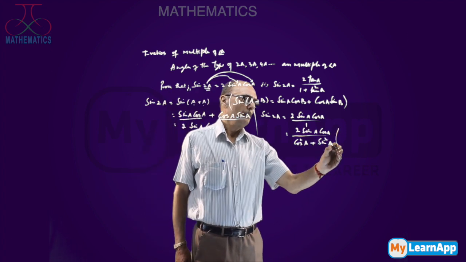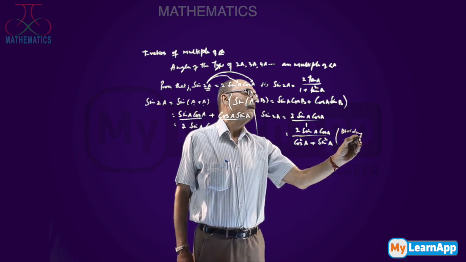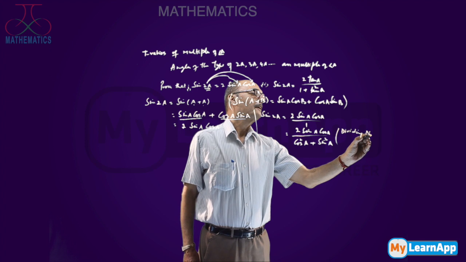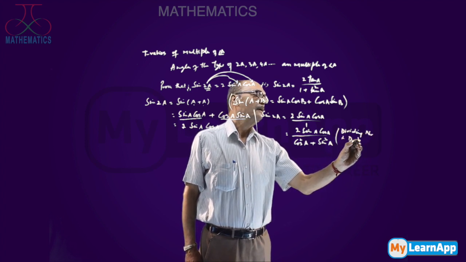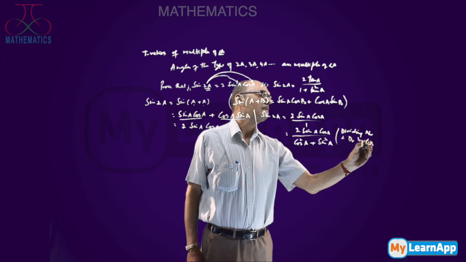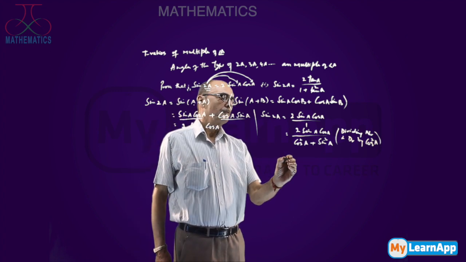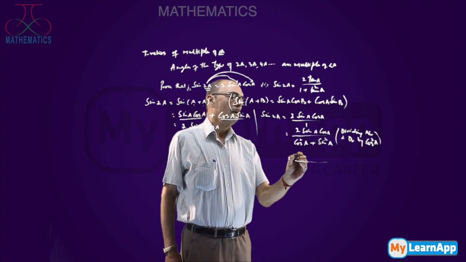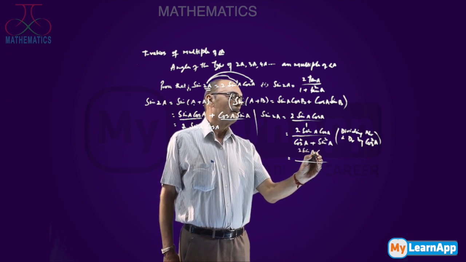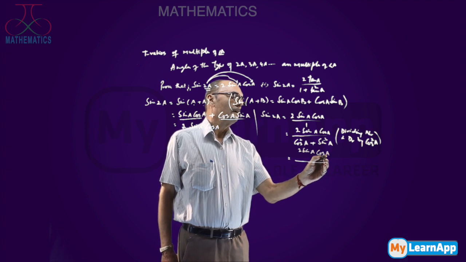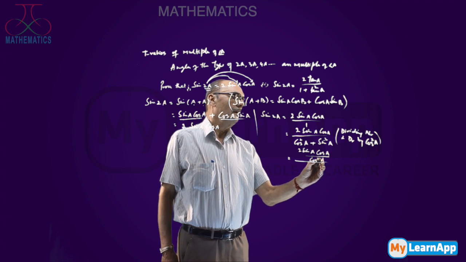So, dividing numerator and denominator by cos square A, this comes out to be 2 sin of A cos of A divided by cos square A.